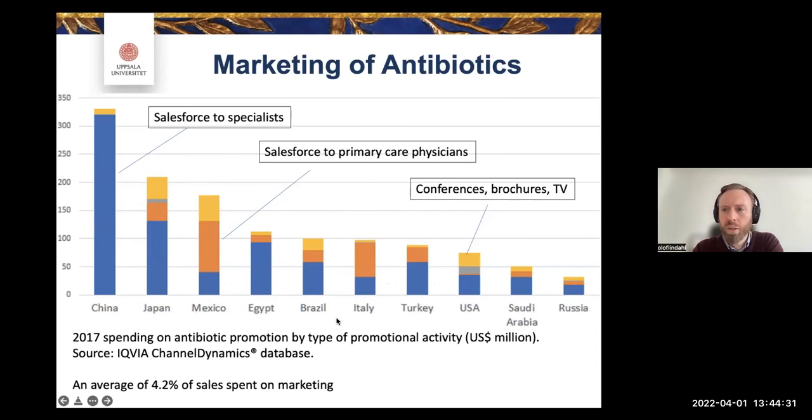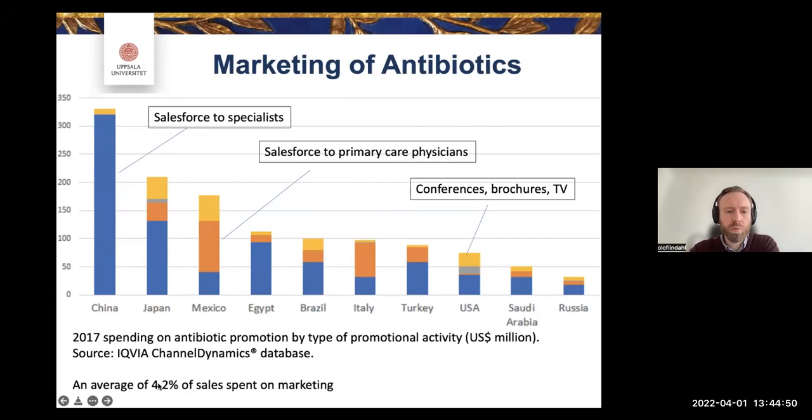Here is the marketing of antibiotics, which of course is for the purpose of selling more. And you have a couple of different kinds of marketing: to specialists, to primary care physicians, in conferences, on TV, etc. Also straight to nurses in places where that's allowed.